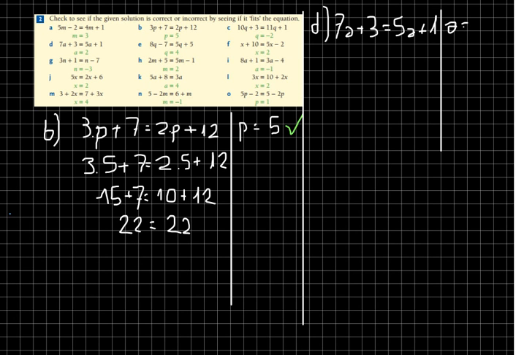We're going to replace every a by a 2. Let's remember that here between the 7 and the a there is a multiplication, and here there is a multiplication as well. So 7 times a will be replaced by 7 times 2 plus 3 equals 5 times 2 plus 1.